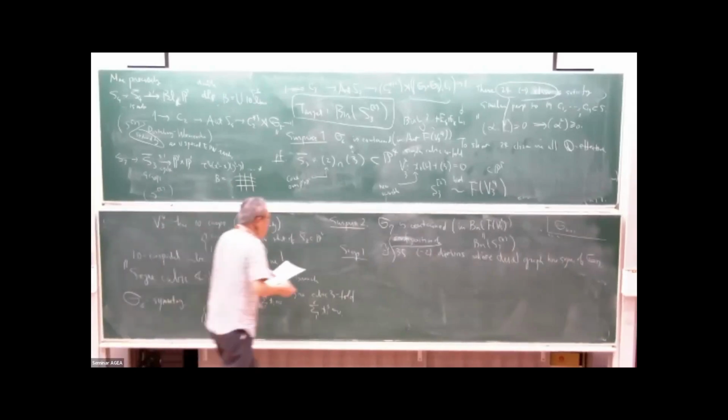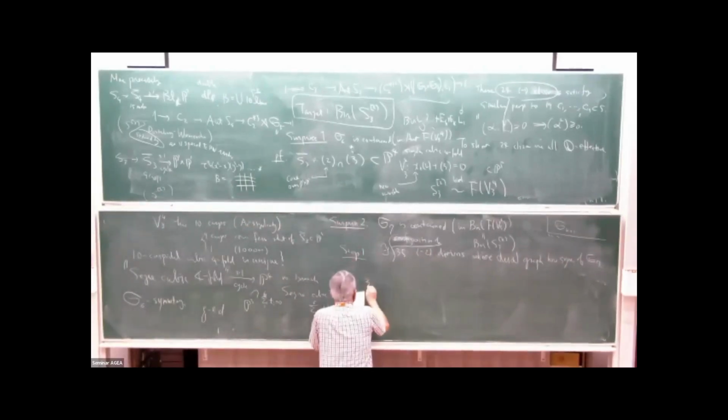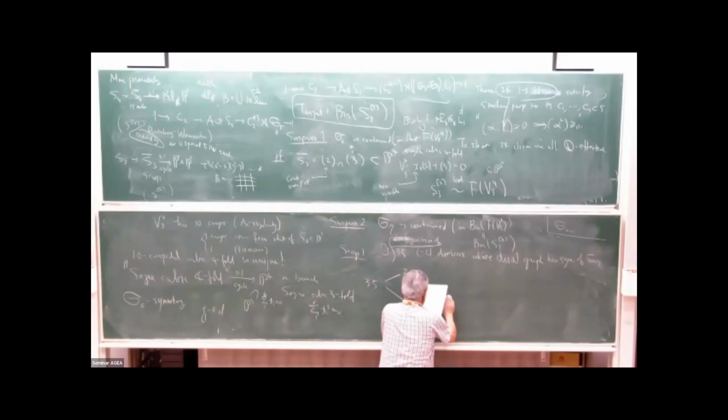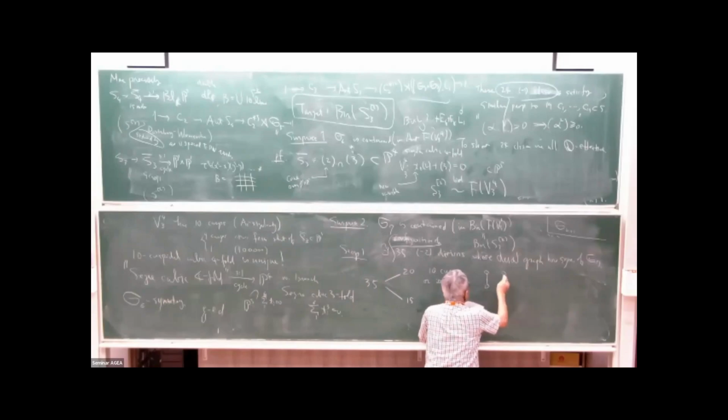And this 35 is divided into two parts. So 20 and 15. And 20 comes from 10 cusps, or its resolution. And their configuration is 10A2.